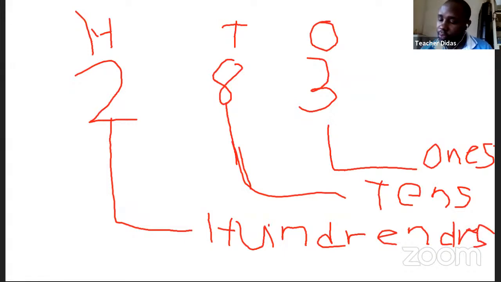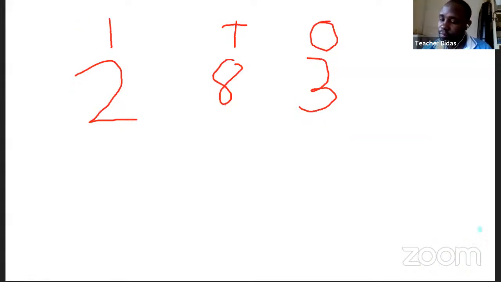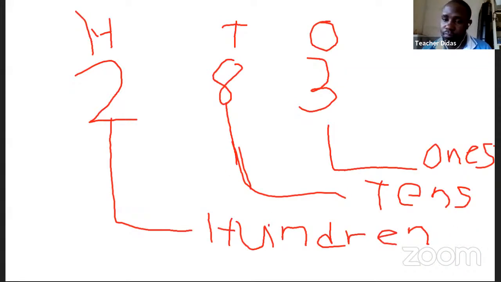Okay, Isaiah. Yes, teacher. What's the answer now? Tell me the answer. The place value of 8 is 10. Is tens. Thank you very much. It is true.